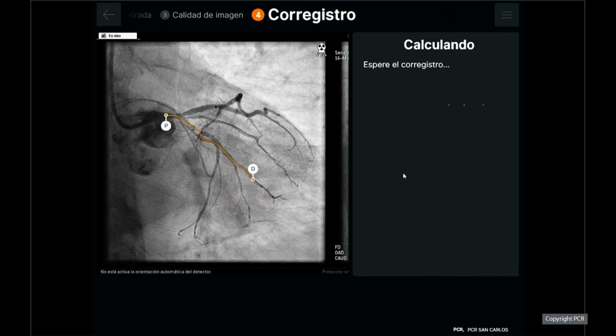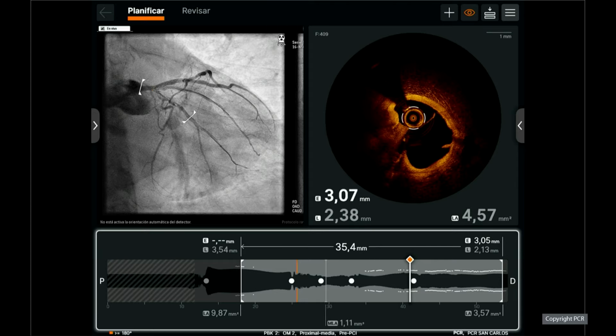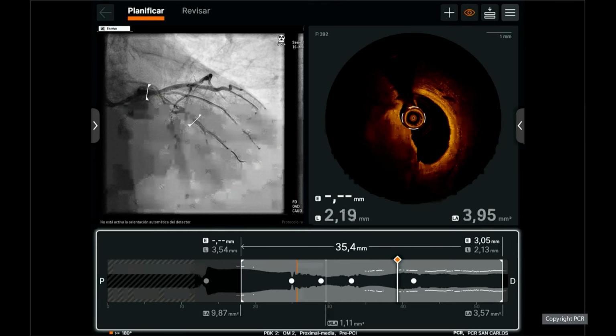So you remember we had chosen an area around here for distal landing that is around 3. And you remember also these areas with a lot of calcium that we saw before. They look already different. You can see the disruptions of the big chunk of calcium that we were seeing before. We are approaching now the area where we have more stenosis.